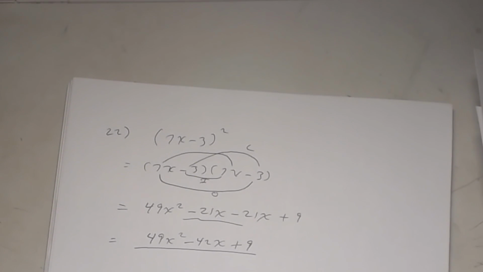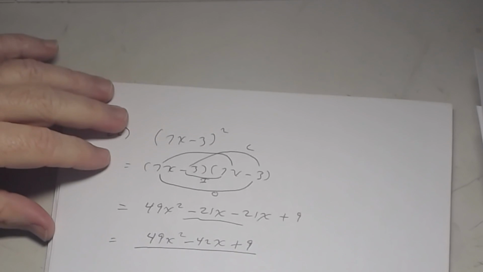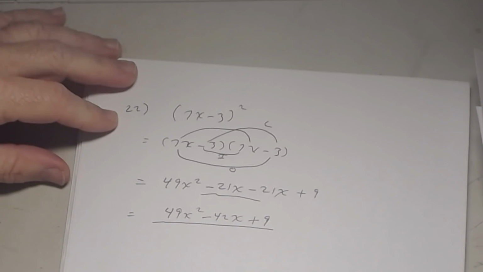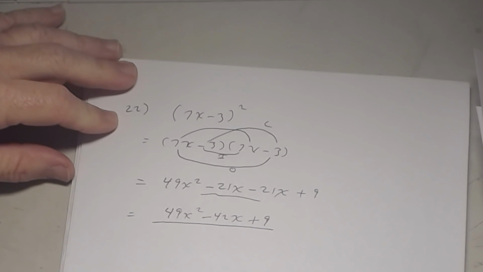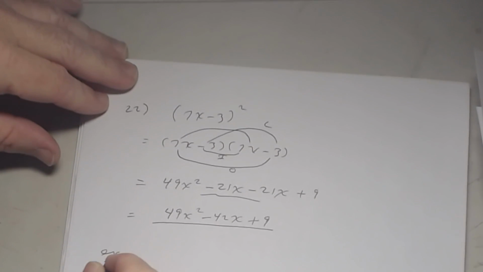So notice the only reason why this time that the outer and the inner were exactly the same term, were identical, is because I was squaring a binomial. All right, let's do this example.